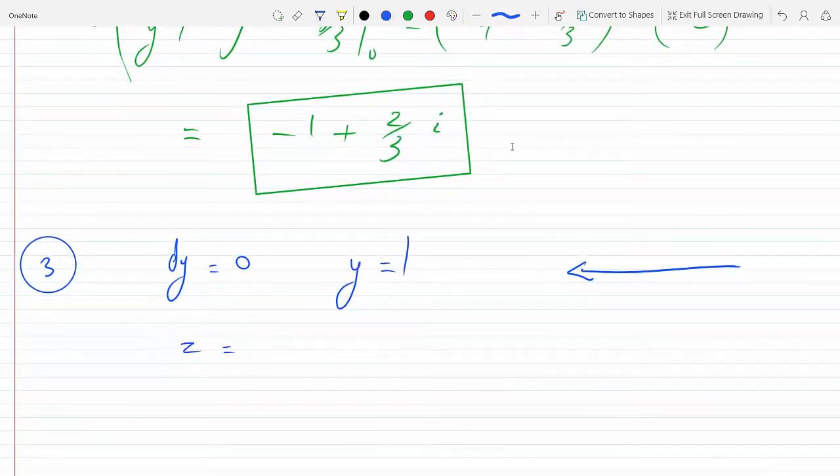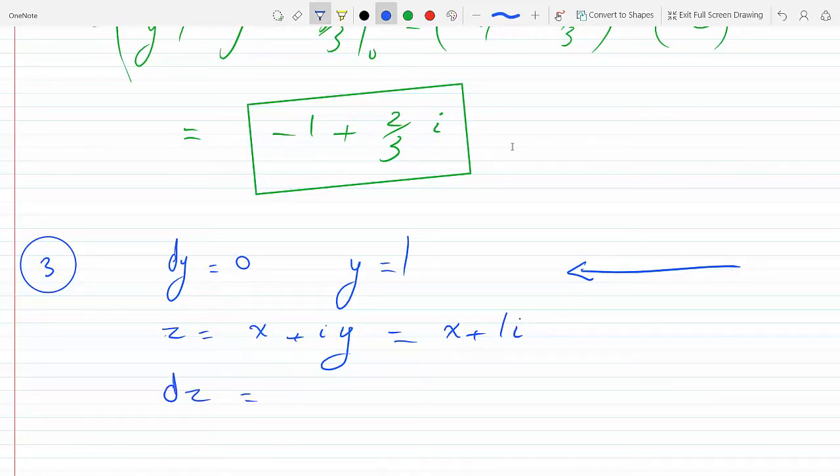So we said that z equals x plus iy, and so x is changing, and y is 1. So this becomes x plus iy, or 1i, so x plus i. So there's no dy, so dz will just be dx.